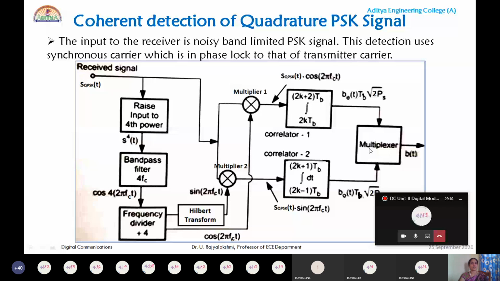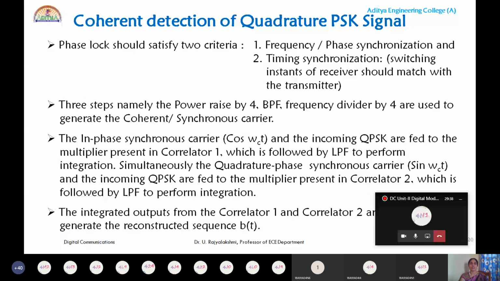All these points I told you the same in BPSK. So first one: in order to satisfy the phase lock, our circuit should satisfy two criteria. One is frequency or phase synchronization, and the other is timing synchronization. Already I told you frequency or phase synchronization is provided by the synchronous carrier.